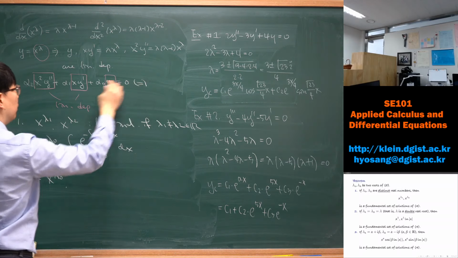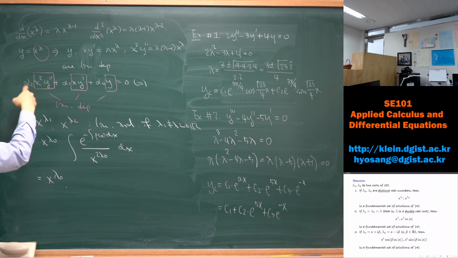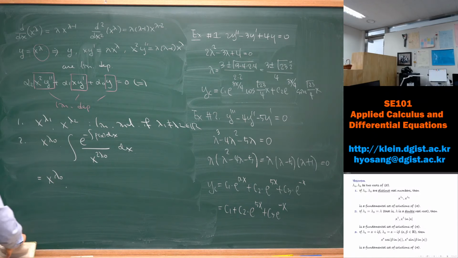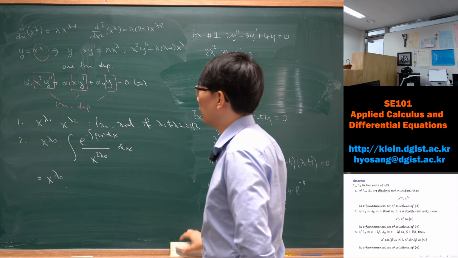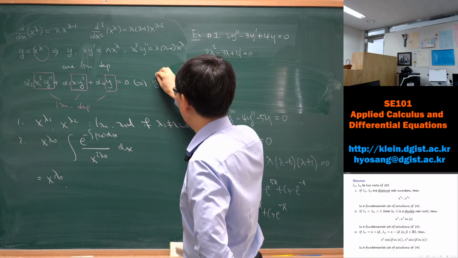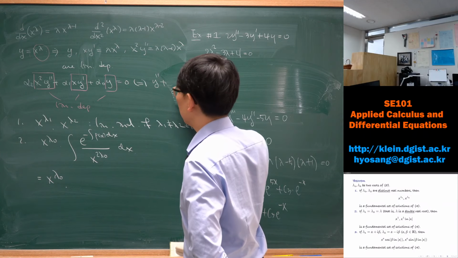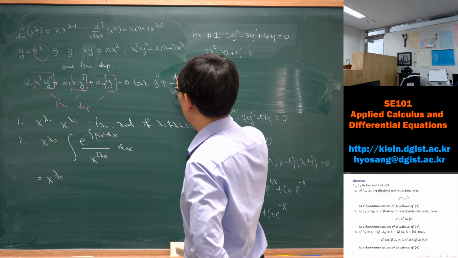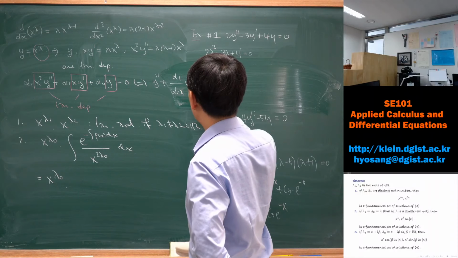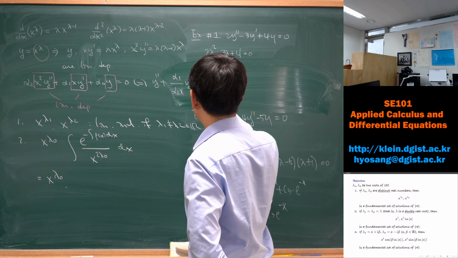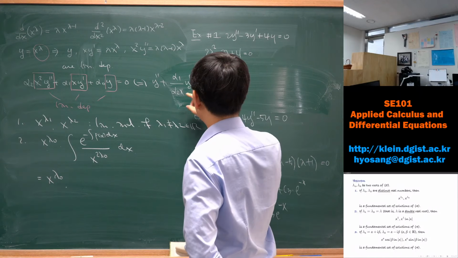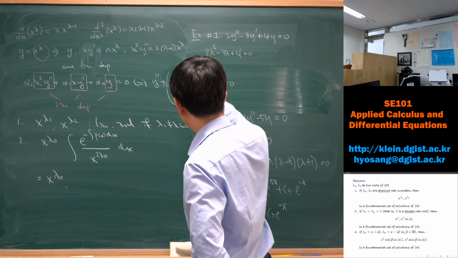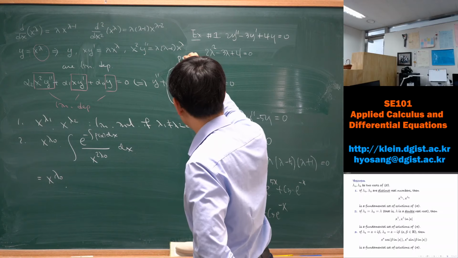If I rewrite this equation using the coefficient of y double prime equal to 1, then this becomes y double prime plus alpha 1 over alpha 2 x y prime plus alpha 0 over alpha 2 x squared y equals 0. So this is p(x), okay?